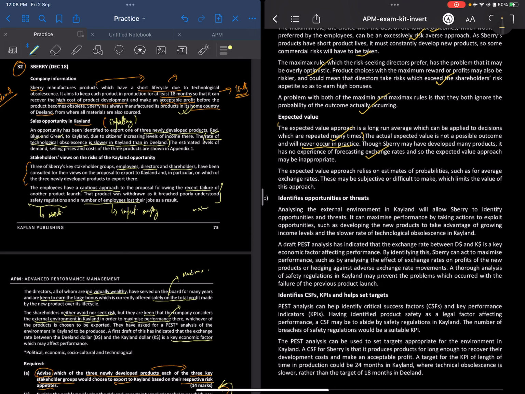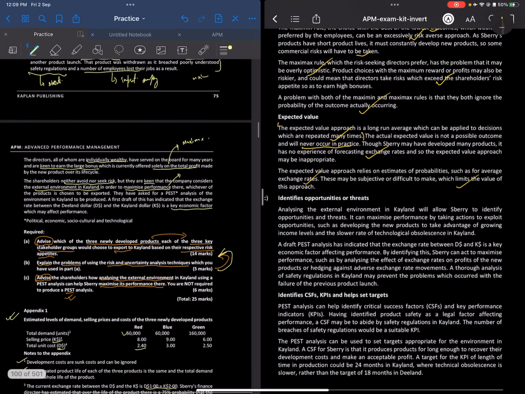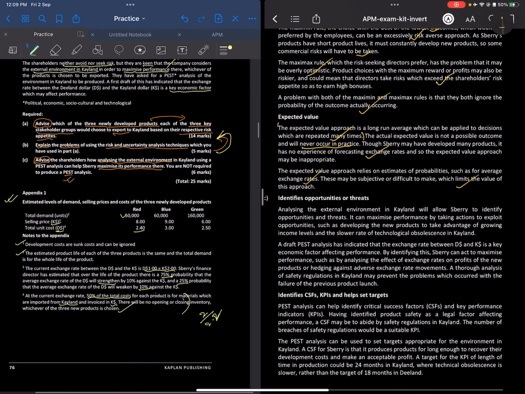Again, expected value relies on estimates of probabilities, which could be subjective, and also an average exchange rate is taken. So it's relying on that, which limits the approach of using expected value. So it's a limitation as well that we need to provide clearly.